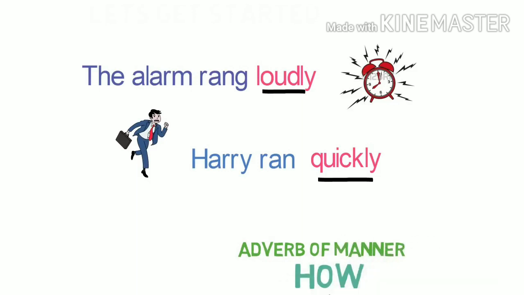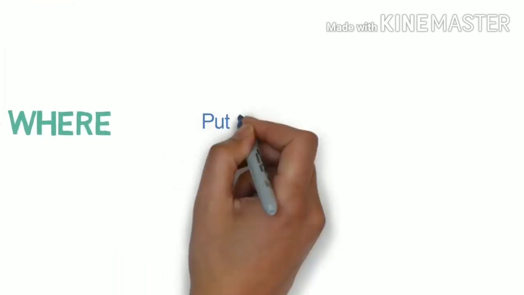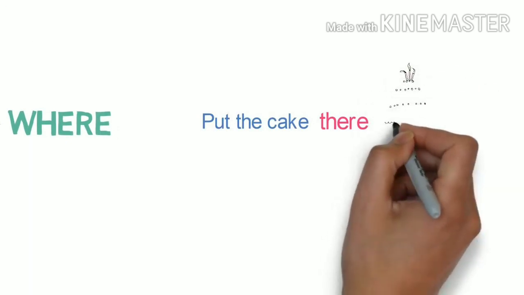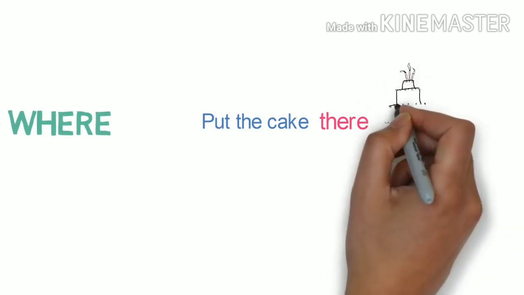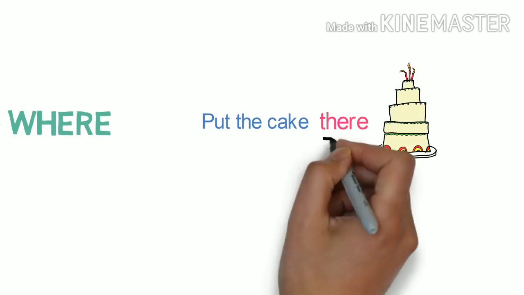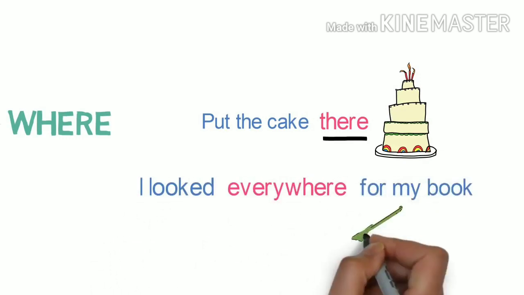Now let's look into the next way in which we can describe any action: where an action occurred. Put the cake there. Here we are telling someone to put the cake, but at which place? By using there, we are telling the place to put the cake. So it is an adverb. I looked everywhere for my book.